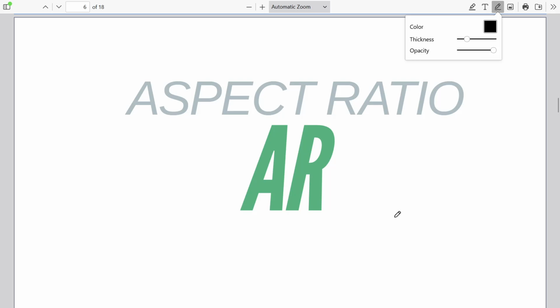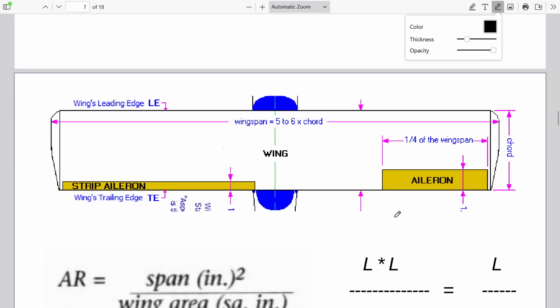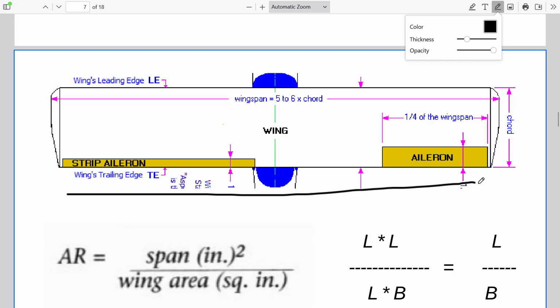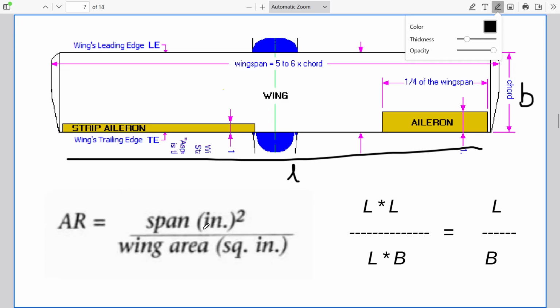So aspect ratio. What is aspect ratio? Again, the same diagram. We know that this is the wingspan, so I will take it as L, and I will take the chord length as B. Okay. So the formula for aspect ratio is span squared upon wing area. Span is wingspan only.